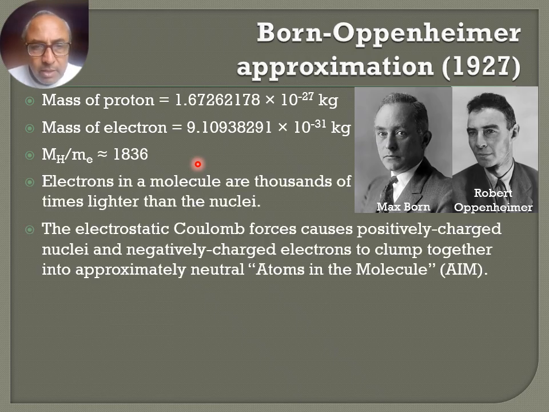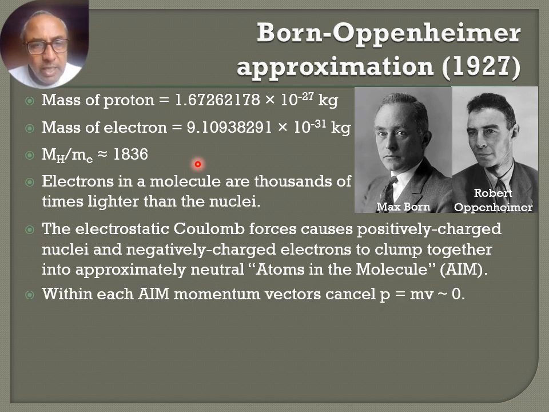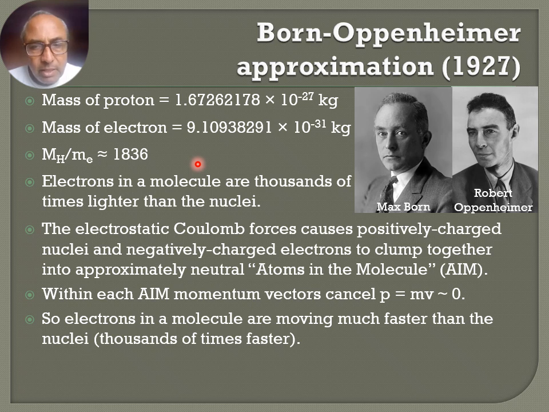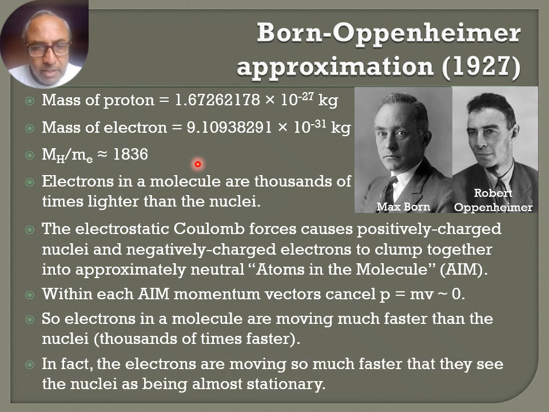Therefore, they argued that the electrons in a molecule are moving much faster than the nuclei, and the nuclei are moving much more slowly, much more sluggishly than the electrons. In fact, the electrons are moving so much faster than the nuclei that they see the nuclei as being almost stationary.